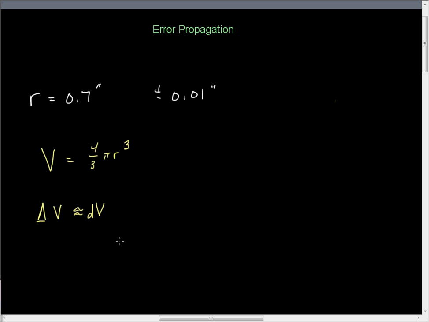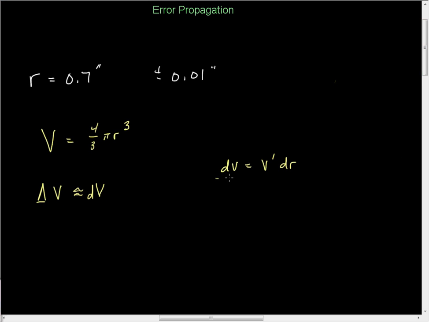The differential of the volume is equal to the derivative of that, so we call it V prime, times dr. We're taking the derivative of the volume with respect to r. All right, so this right here is our propagated error.